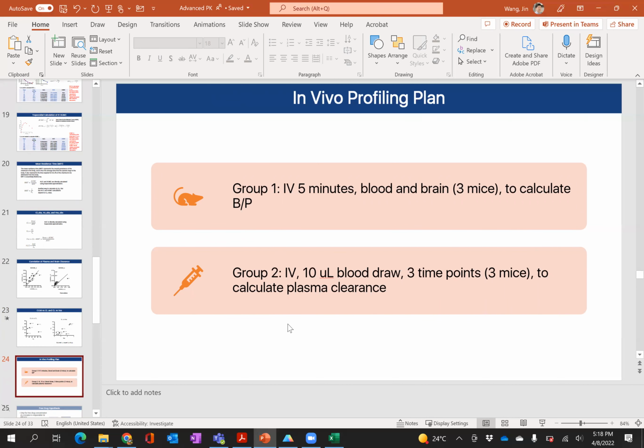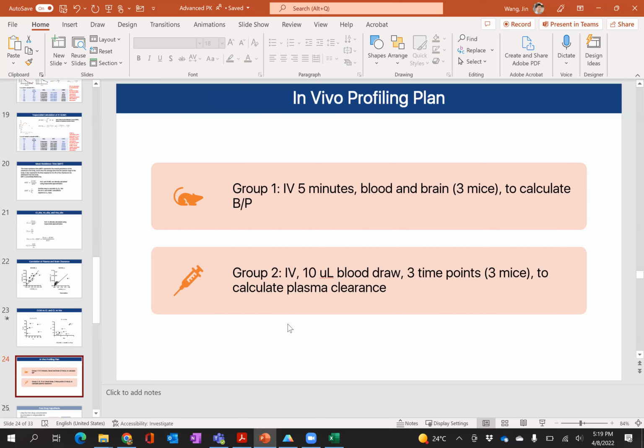I want to hear your opinion here. I'm thinking what we can do here is we still do the 5 minutes profiling for the blood and brain, but then we do another group of mice. We just do the IV injection. Then we don't kill them. We just draw the blood at 3 time points. So basically, we only take 10 microliter blood, like what you have been doing now.